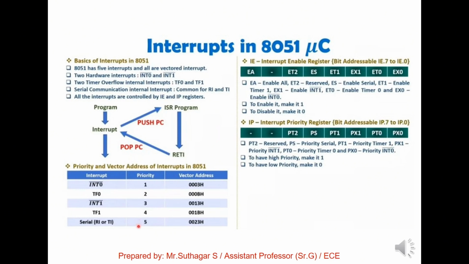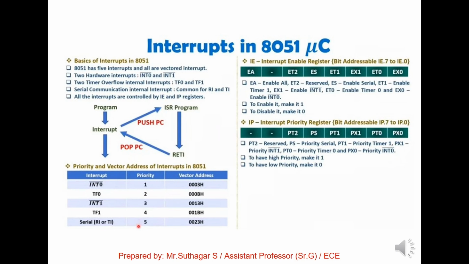If the 8051 is to experience all the interrupts at any time, you can make all these 5 bits 1, or else it will be 0. If there is an interrupt from any of these 5, it will be made 1. And again it works with priority. To have a high priority, you need to make that bit 1, and for a low priority, you need to make it 0.